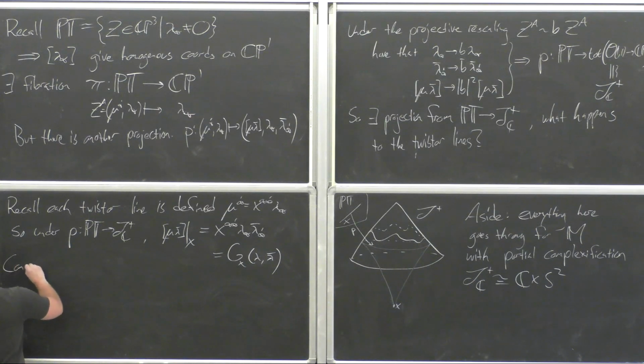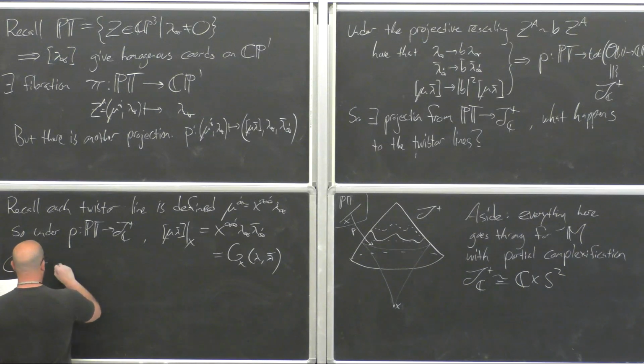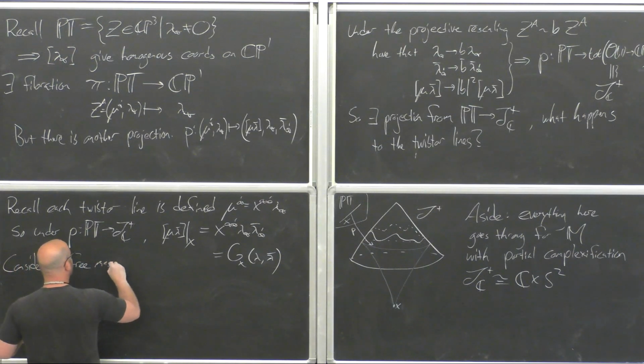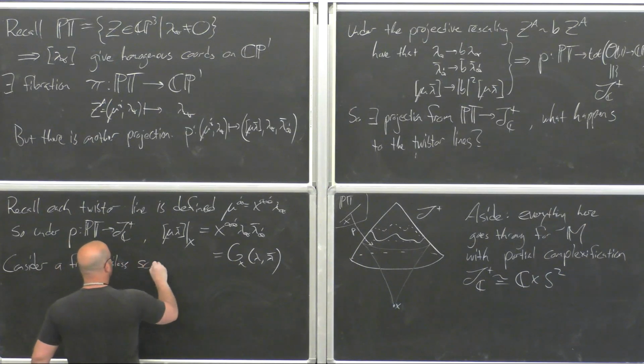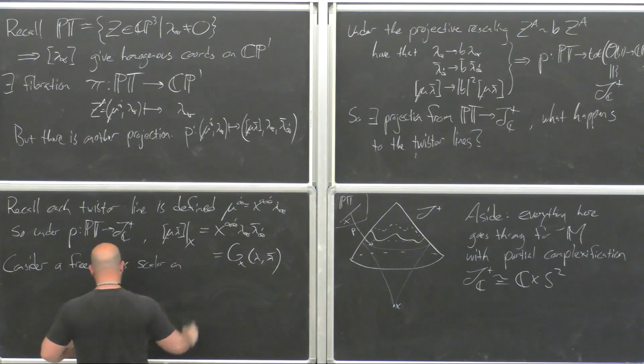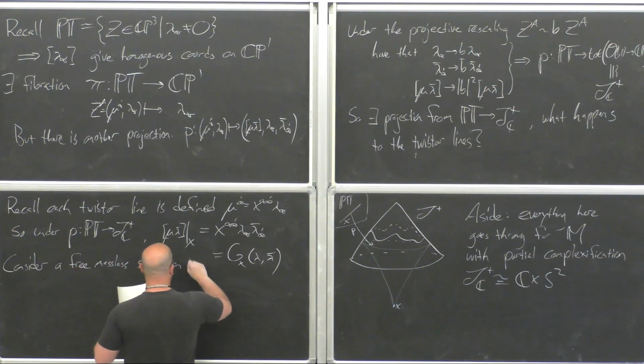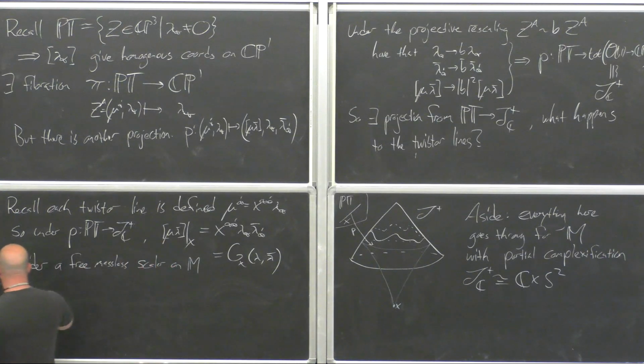consider a free massless scalar on M, which is asymptotically flat.